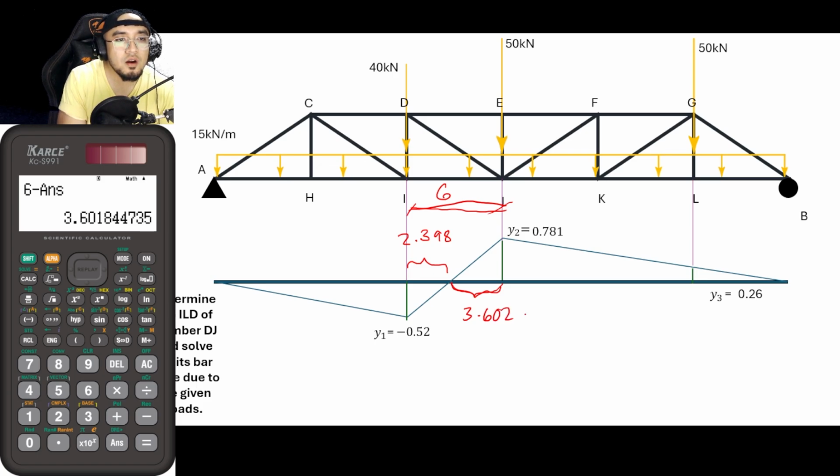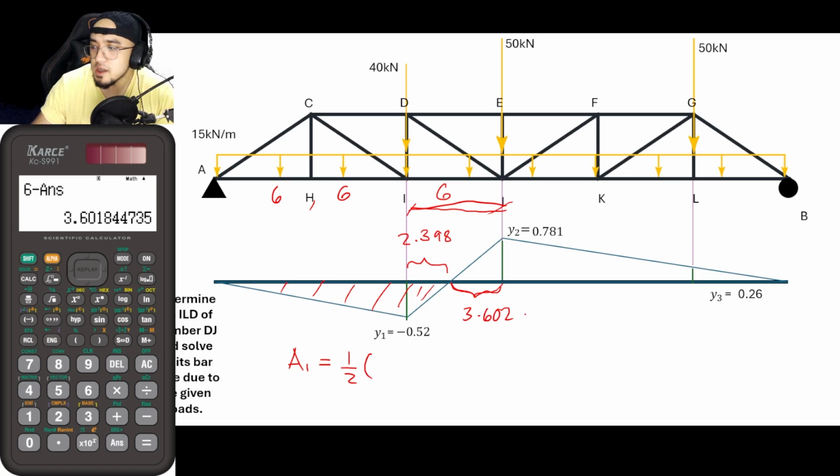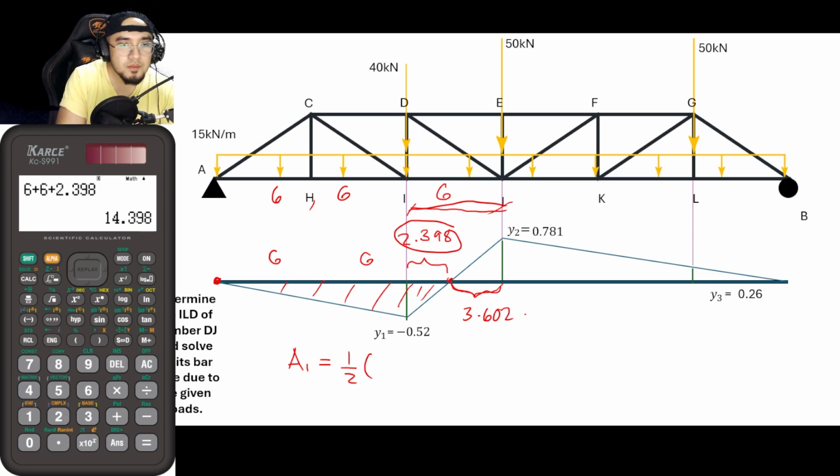Okay, so for area 1, that is equal to 1 half times base. For the base, if this is 6 meters, 6 meters, the length from this point to this point is 6 plus 6 plus 2.398. So this is 14.398.